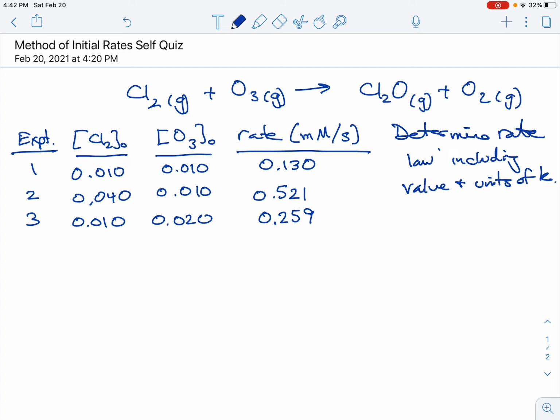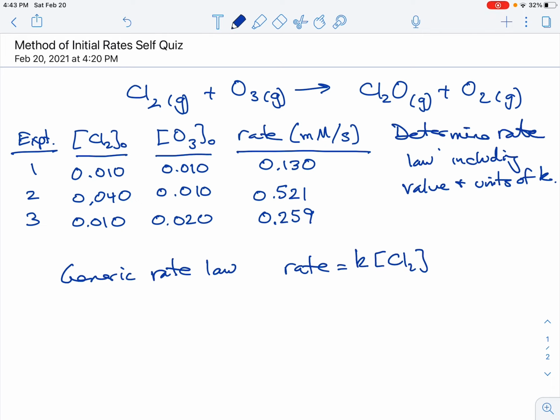Remember that when we do these, we're going to start by writing a generic rate law. The generic rate law is just the rate equals the rate constant K times the concentration of each of the reactants. We've got 2 reactants here, Cl2 and O3.